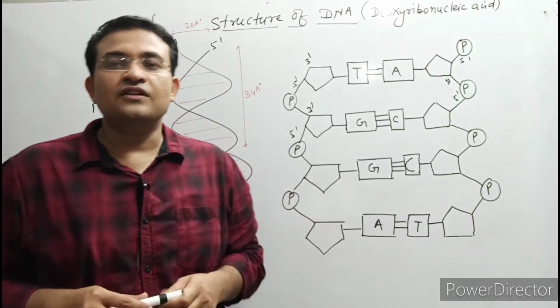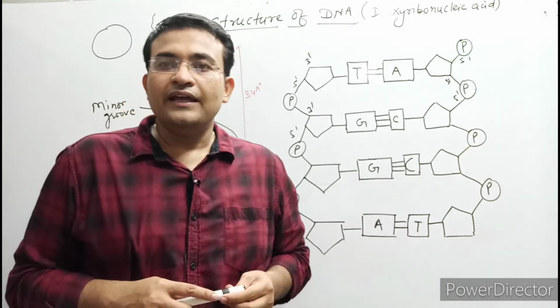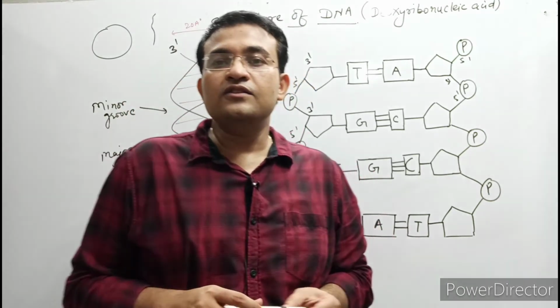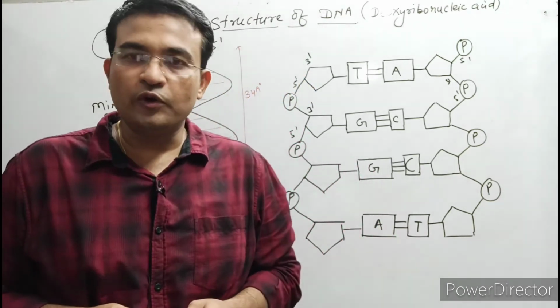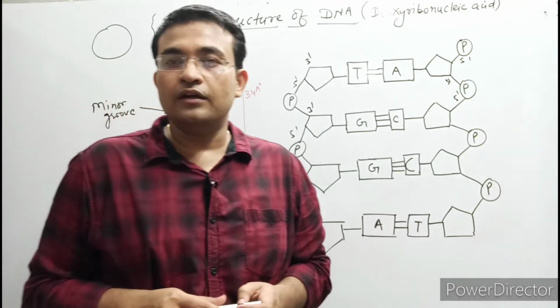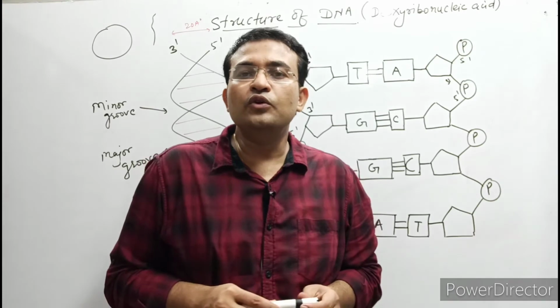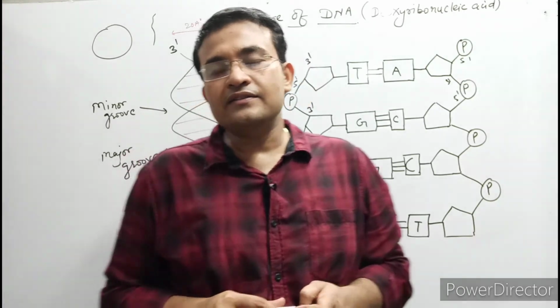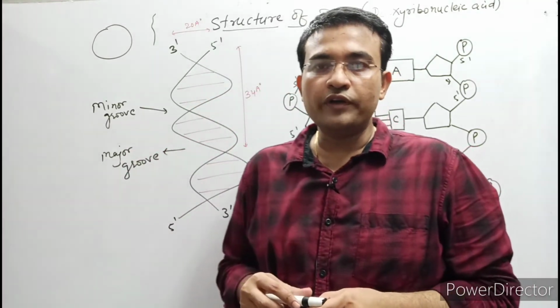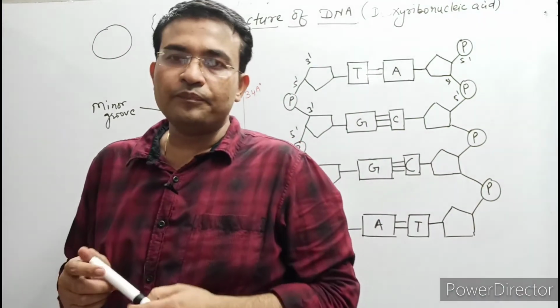Now we'll discuss the structure of DNA. And as we discussed earlier, that DNA is a polymer of deoxyribonucleotide. There are two type of nucleotide. One was ribonucleotide, which is unit of RNA, and the second is deoxyribonucleotide, which is the unit of DNA.